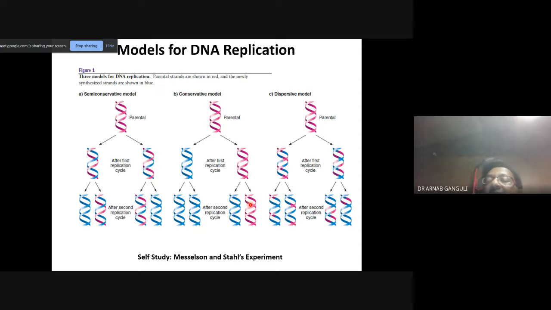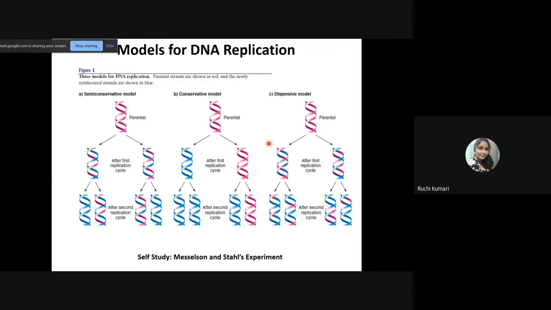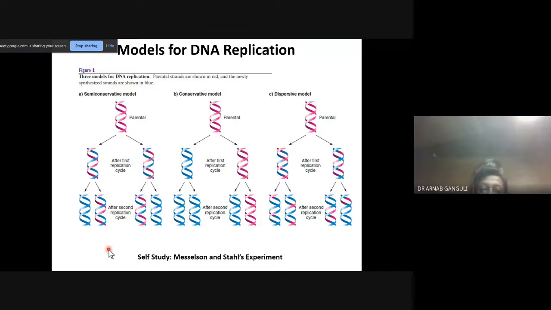The third model is the dispersive mode, where bits and pieces of the old pink are there, then new blue is formed, then bits of pink, then blue. So it's scattered, mixed. Are you able to understand the three modes?